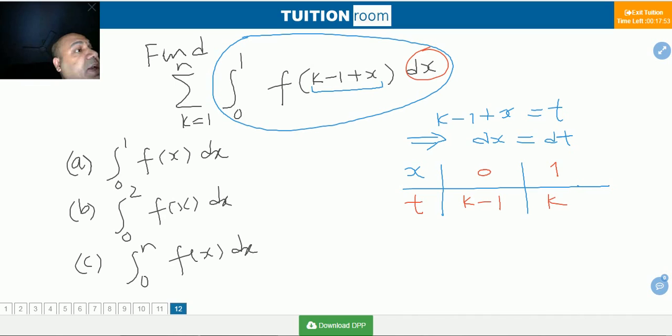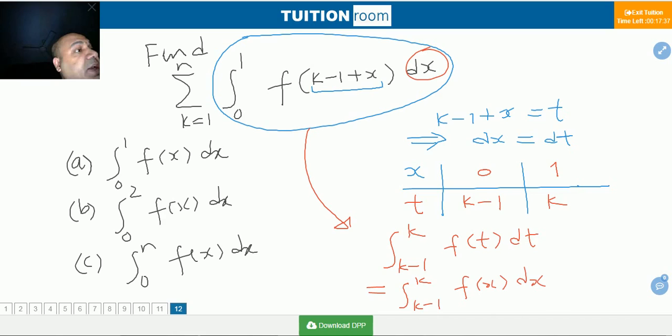So the given integral can be converted to the integral from k minus 1 to k of ft dt, and since the limits are provided, we can change the integration variable back to x, dx.